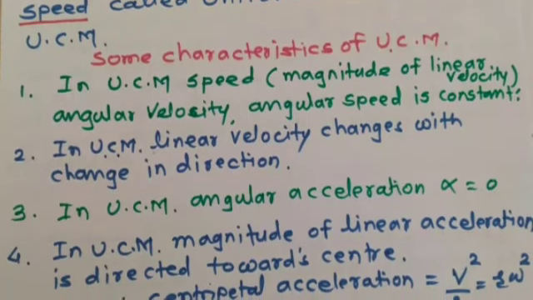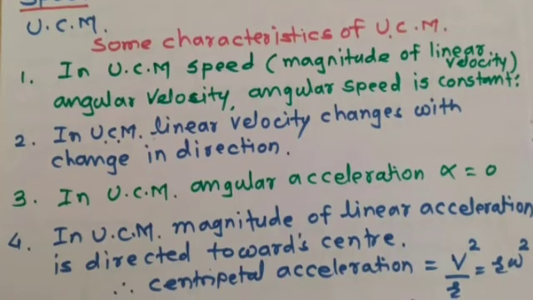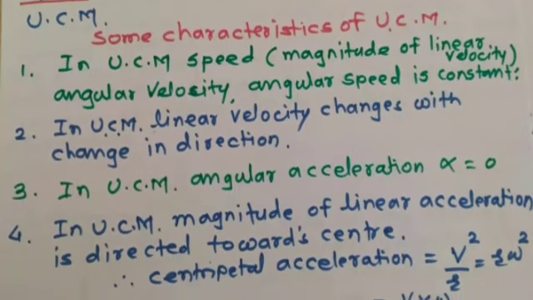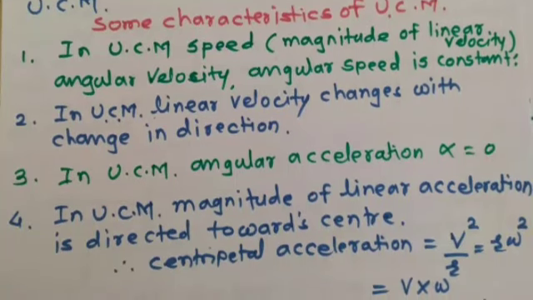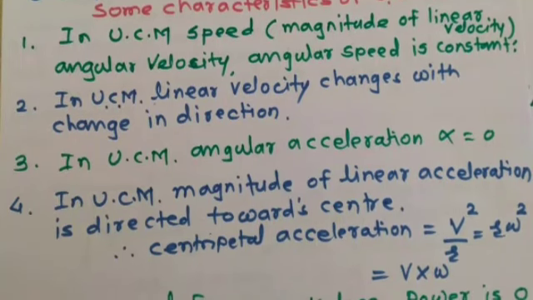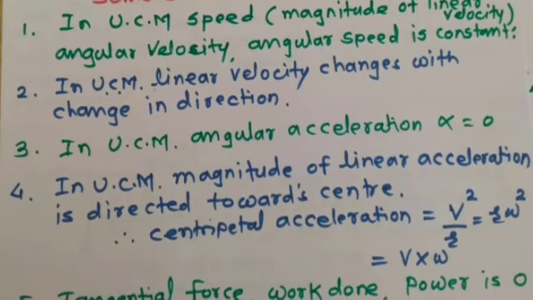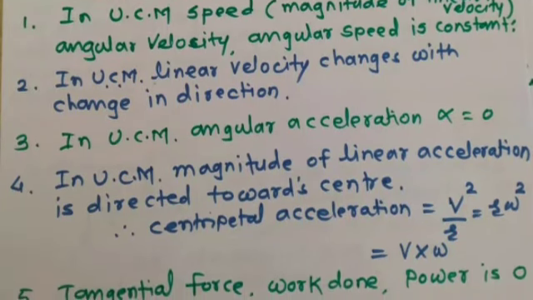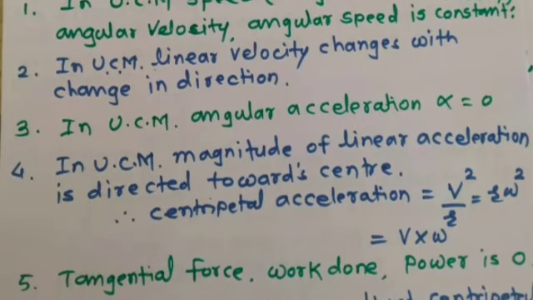In uniform circular motion, angular acceleration remains 0. The magnitude of linear acceleration is directed towards the center, meaning centripetal acceleration is equal to v square upon r, or r omega square, or v multiplied by omega.